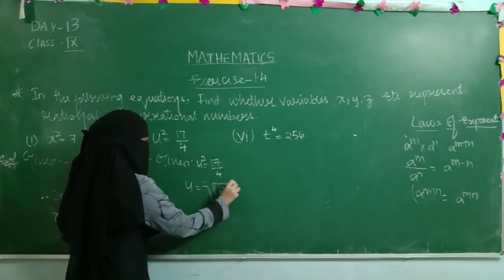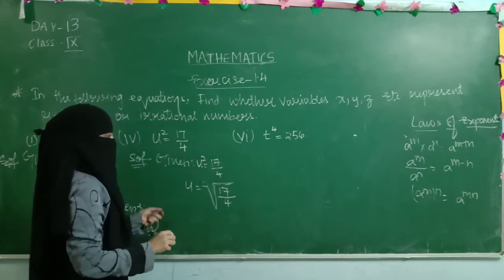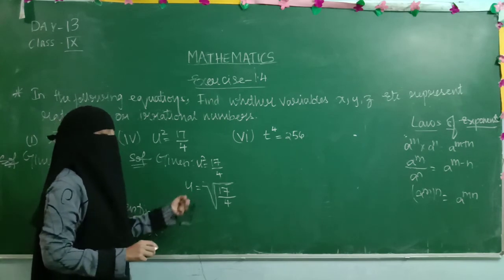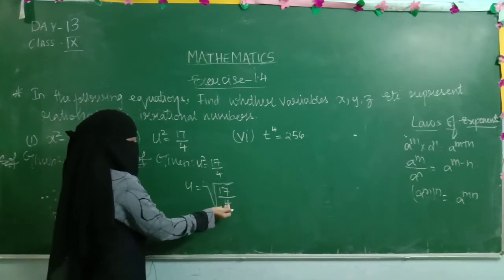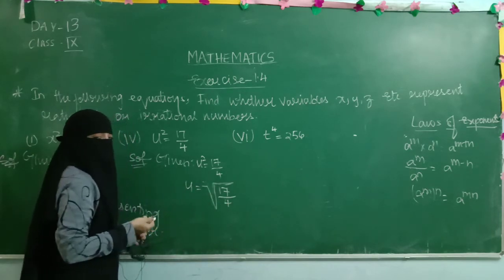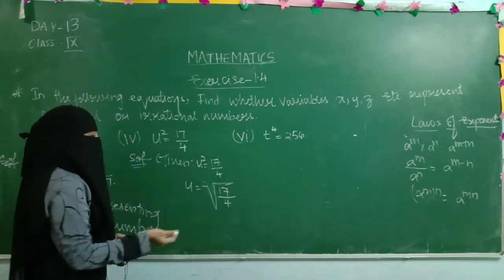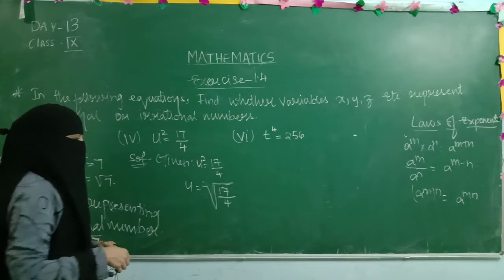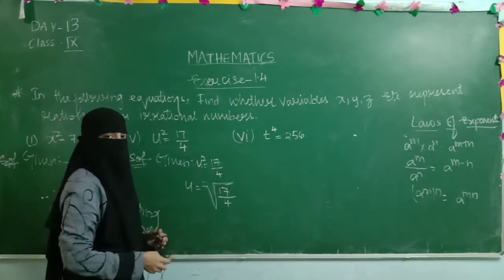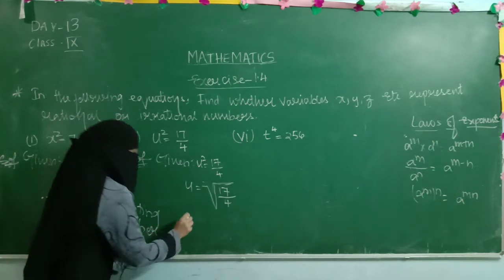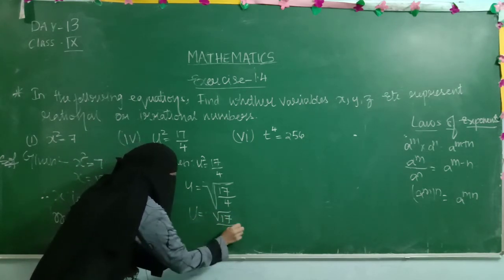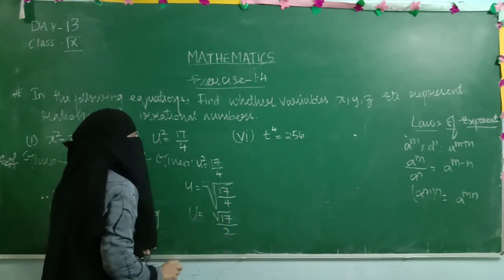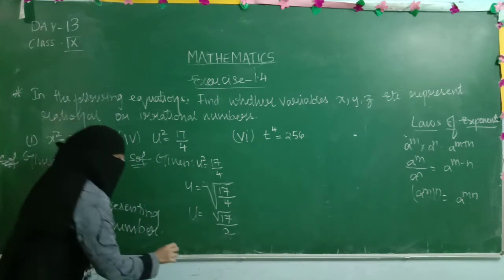This root is over 17 and 4, so now we are going to take the root separately. The square root of 4 is a perfect square number, so when it comes out of the root it becomes 2. But root 17 is not a perfect square number. So u equals under root of 17 by 2. It is an irrational number.